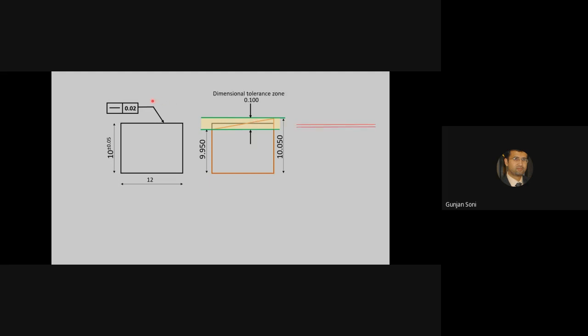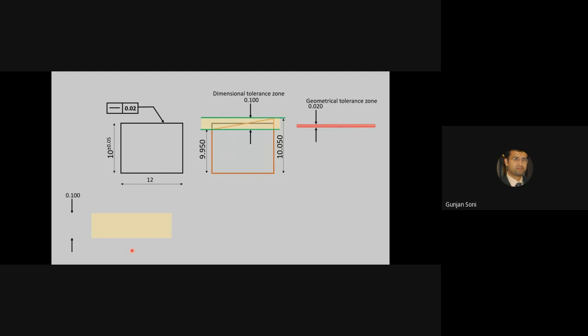But the geometrical tolerance zone will be like this, which is two parallel lines 0.02 apart. Let's see separately. Now this is the dimensional tolerance, which is 0.100.